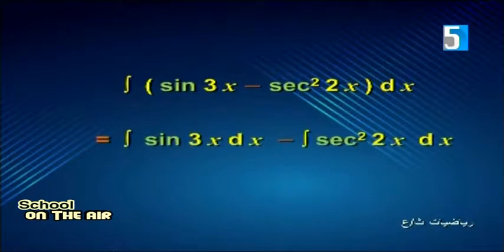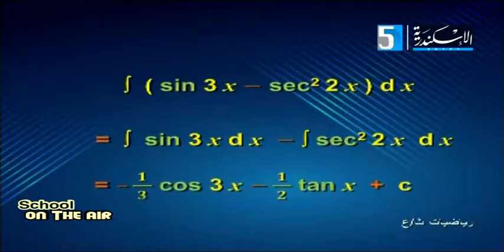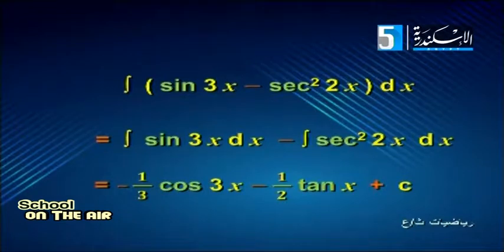The integration of sine 3x dx minus integration sec power 2x dx equals negative cosine 3x multiply 1 over 3, minus integration sec power 2x equals 1 over 2 tan 2x. Then the integration equals negative third cosine 3x minus half tan 2x plus the constant c.